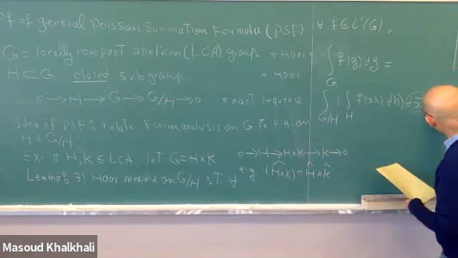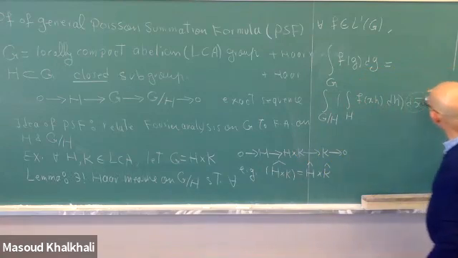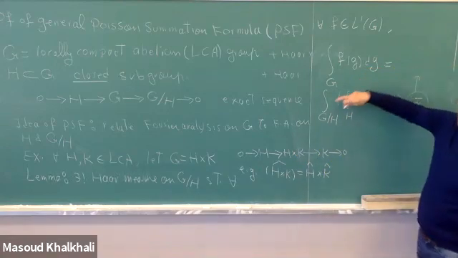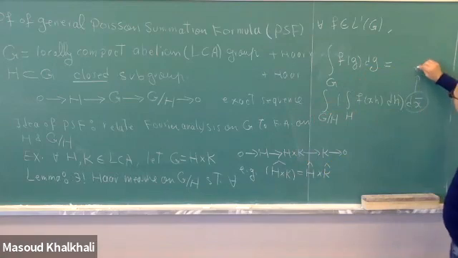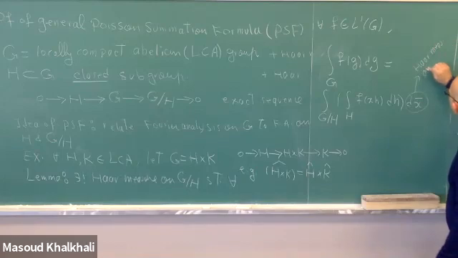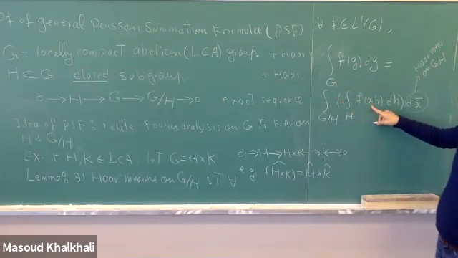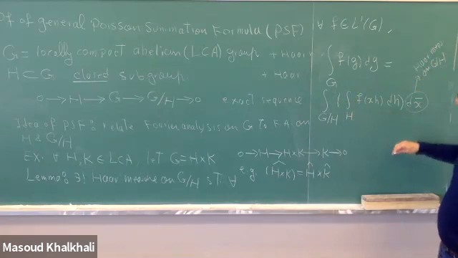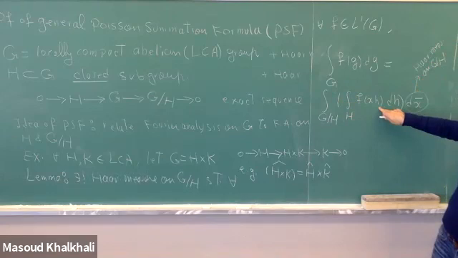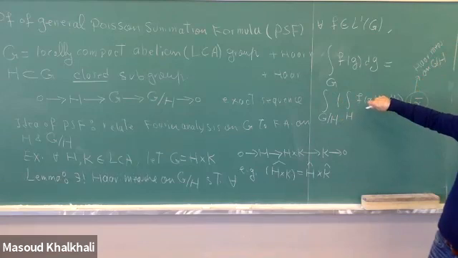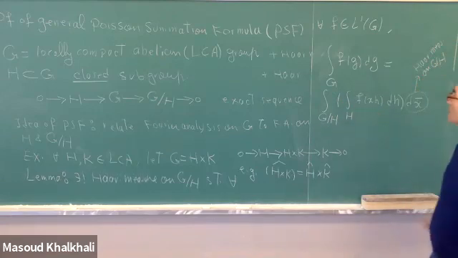So this dx bar is the Haar measure that we are looking at on G over H. So you have this function for any x, you find this element, you integrate against it, and this is well defined. The right hand side is well defined.